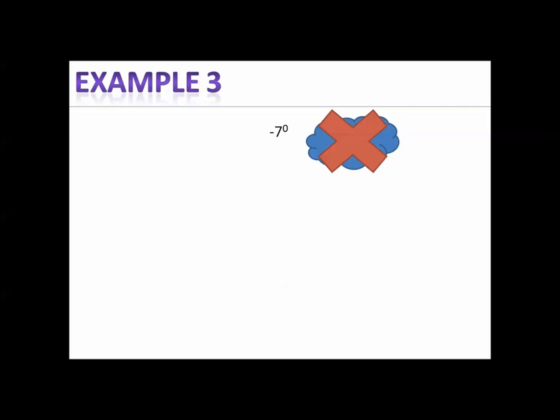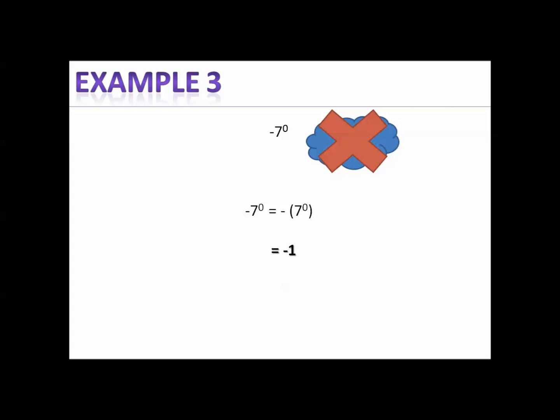Well, same goes for here. So negative 7 to the 0 is actually equal to negative, inside parentheses, 7 to the 0, which actually makes us have the answer of negative 1.